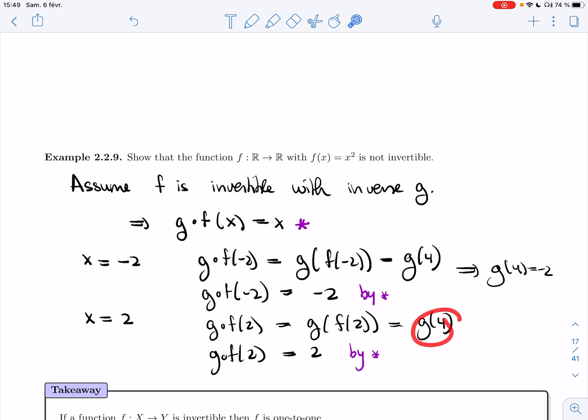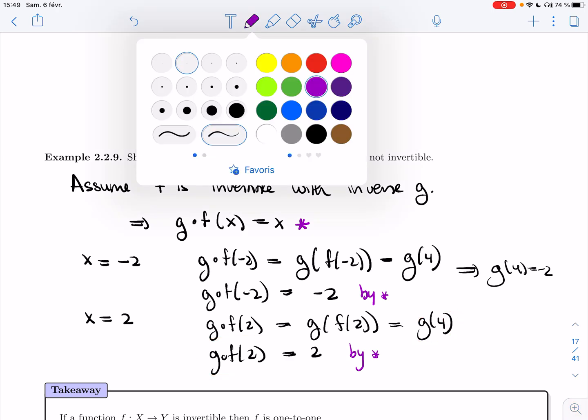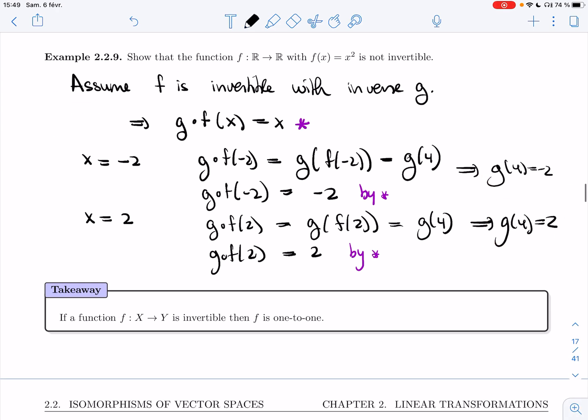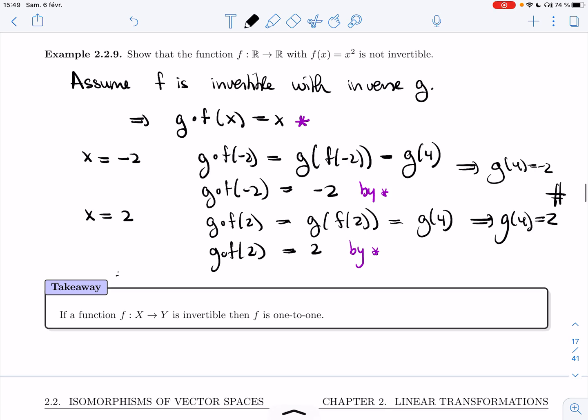So g of 4 must be 2, and I get a problem. If I have an inverse for f, it must send 4 to -2 and send 4 to 2. That's a contradiction. And so no such g exists. So f isn't invertible.